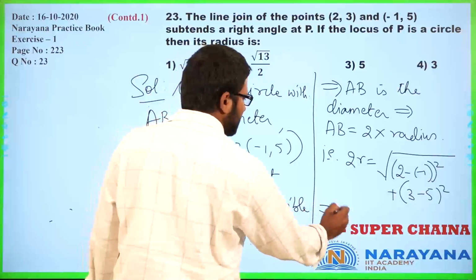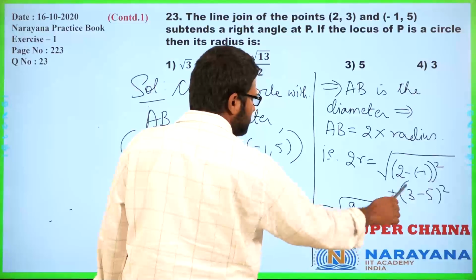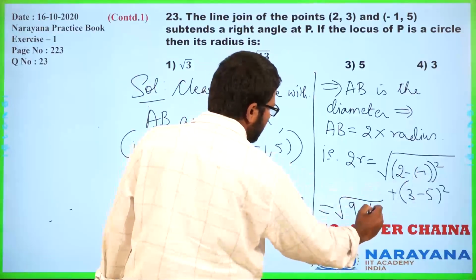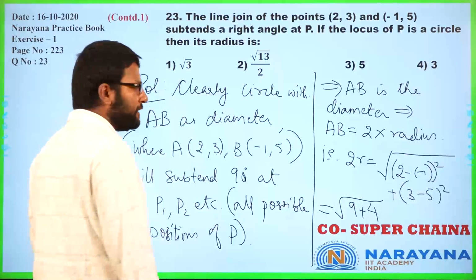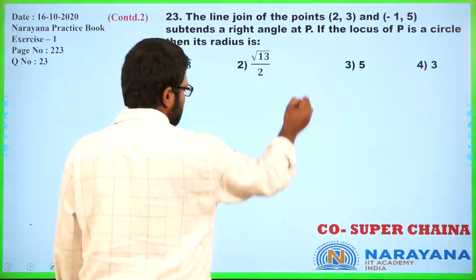So how much is that? That is under root, 2 minus -1 is 3, square 9, plus 3 minus 5, so 2 square is 4. What is under root 9 plus 4? Root 13. Right?